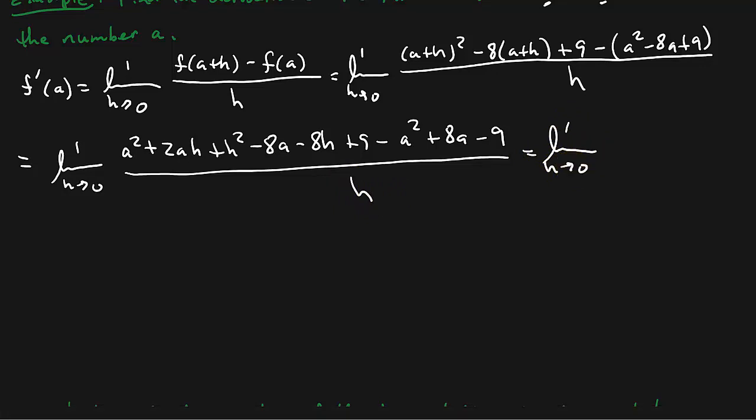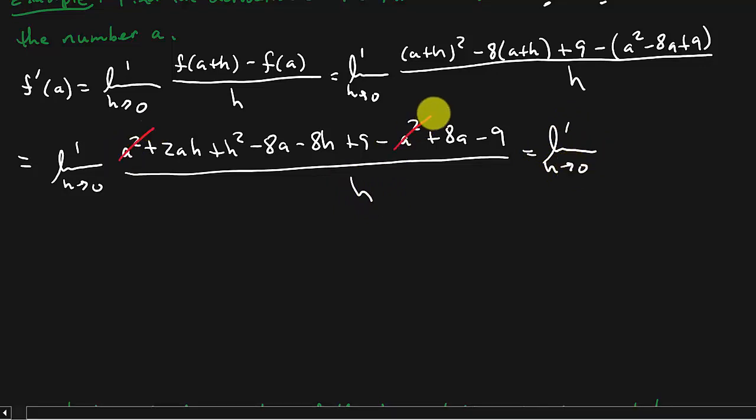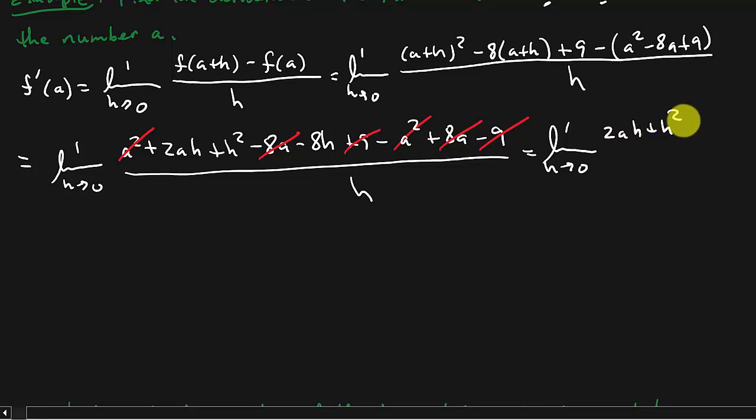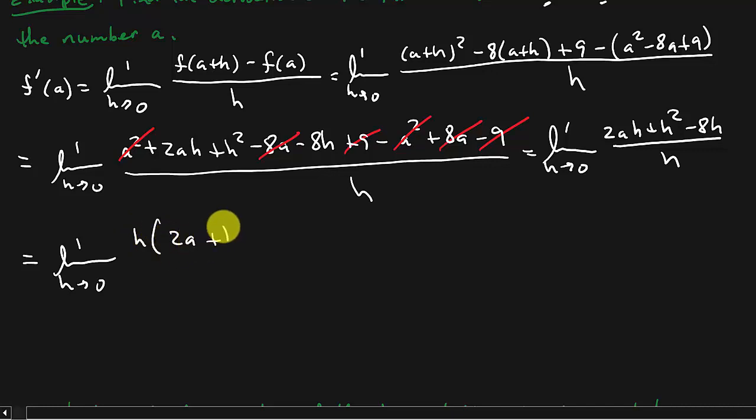So let's see what happens. The a squareds go out, the 8a goes out, and the 9s go out. So that's going to be 2ah plus h squared minus 8h, over h. That's the limit as h goes to 0. I'll factor out an h: 2a plus h minus 8, over h, and the h's cancel.